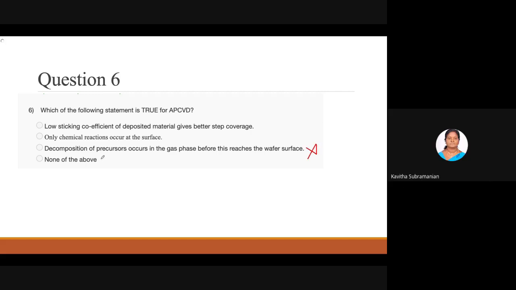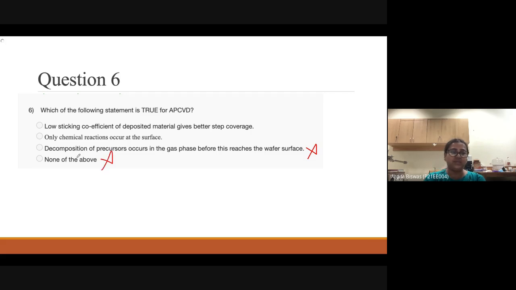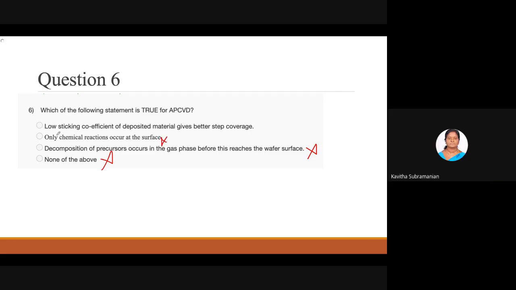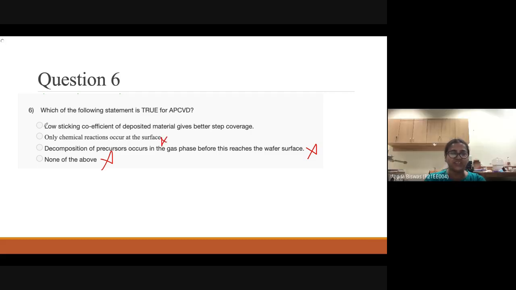So none of the above is also not. Then go to the second: only chemical reaction occurs at the surface. No, it is also not. Then A. So the first option is the right answer. Low sticking coefficient of deposited material gives better step coverage. Yes, this option is the right answer.